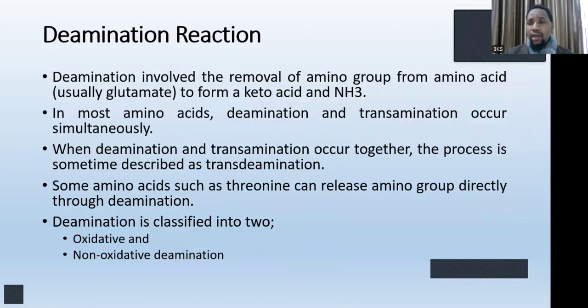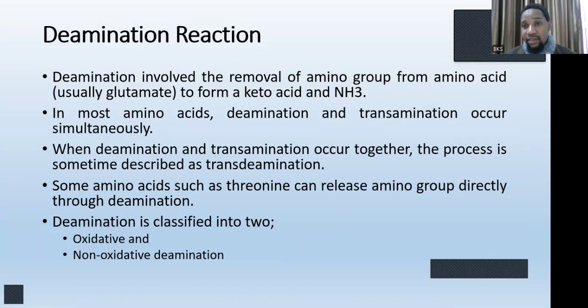So now you have this deamination, transamination takes place. When you have an excess of these amino acids in the system, they will transfer the amino group to alpha ketoglutarate, forming a lot of glutamate, and then the keto acids.